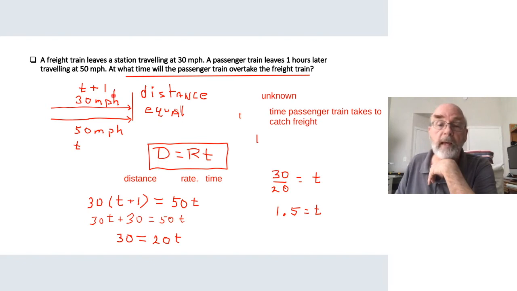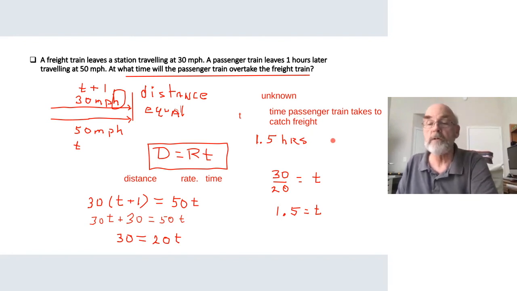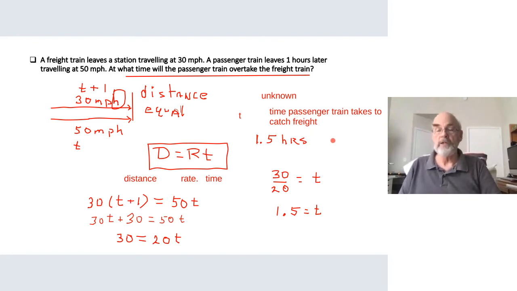Well, since we had miles per hour, our answer is going to be hours. So we've got 1.5 hours. And it's going to take 1.5 hours for the passenger train to catch up with the freight train once it starts out.